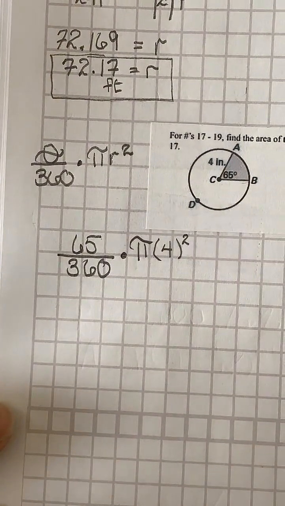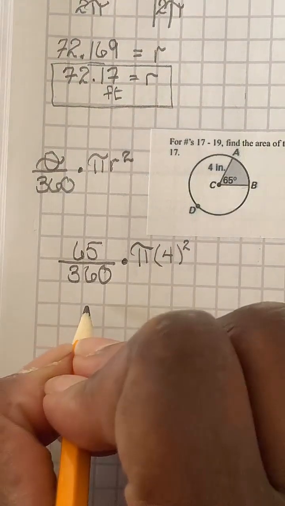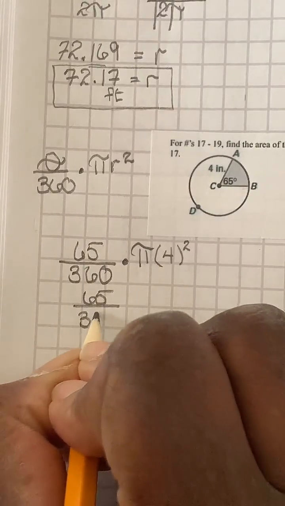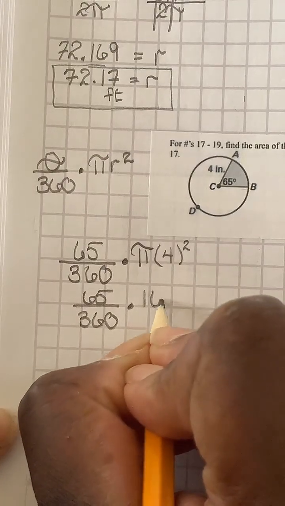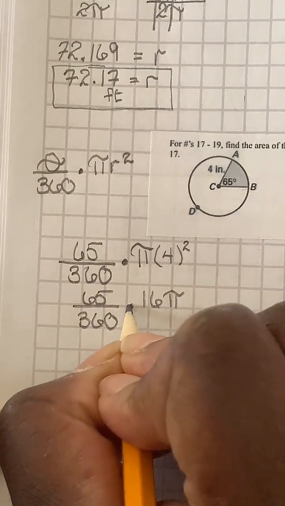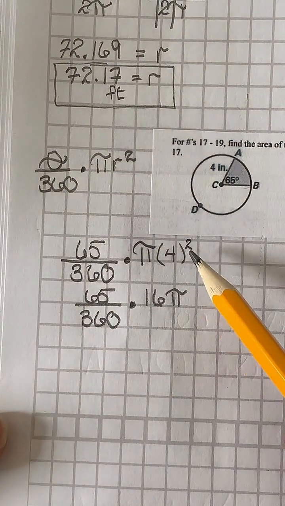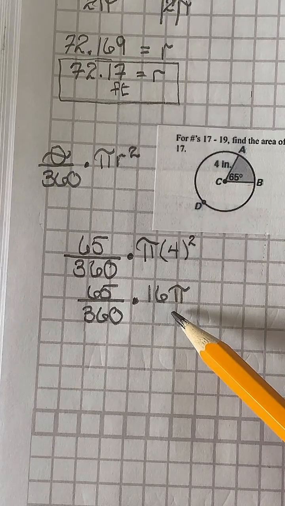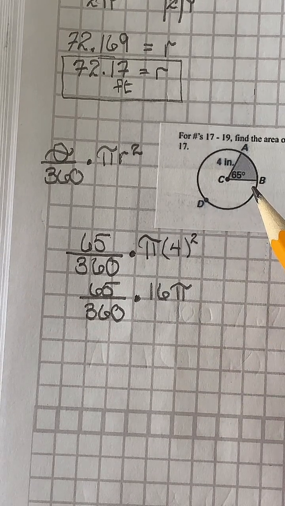That's what we're trying to find. So now you have your 65 over your 360 times 16 pi. And the 16 came from 4 squared. 4 squared is 4 times 4. The radius of what? The radius of the circle.